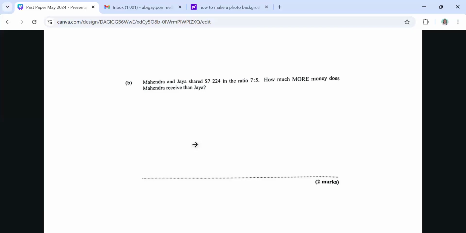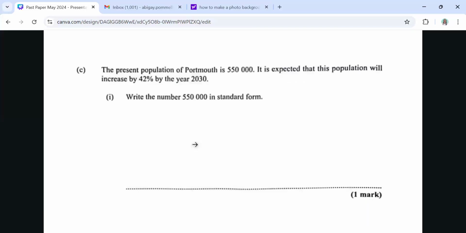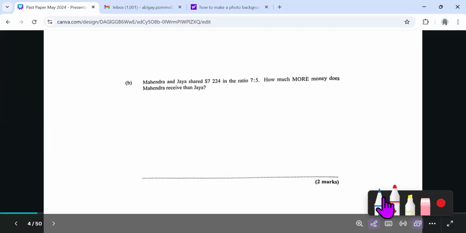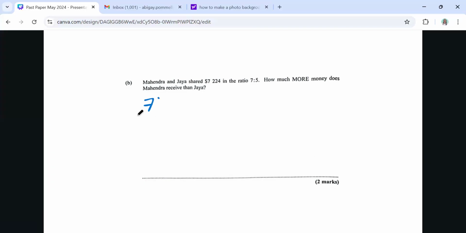Now, in that, we're gonna use the topic proportion and ratios, where we're going to add the 7 and the 5 first, which gives you 12. And then you subtract the 5 from the 7, which gives you 2.